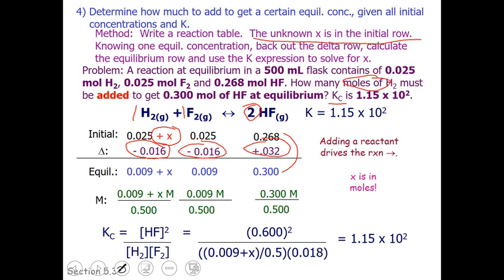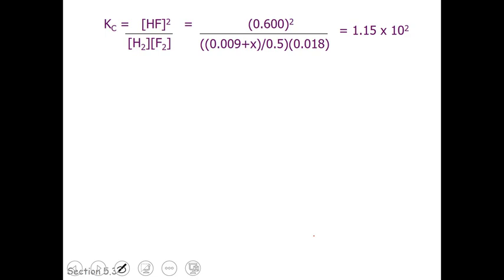So you notice that 0.3 divided by 0.5 is 0.6, and that should be squared. My H2 is the 0.009 plus X divided by 0.5, and my F2 is, of course, 0.009 divided by 0.5, so that gives me 0.018, and I set that equal to my Kc value. Now it's time to process the math.